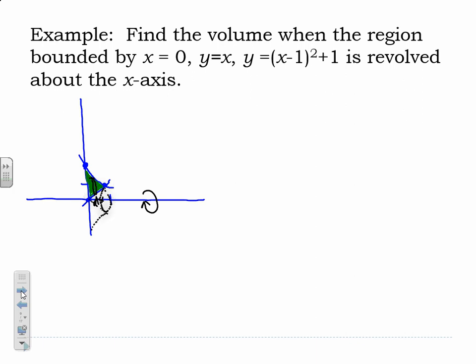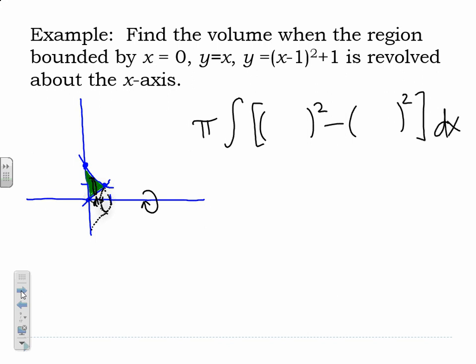We know that since we are rotating washers and finding the volume, we need pi times the integral of R squared minus r squared dx, which is our thickness. Now we just need to decide what our radii are.